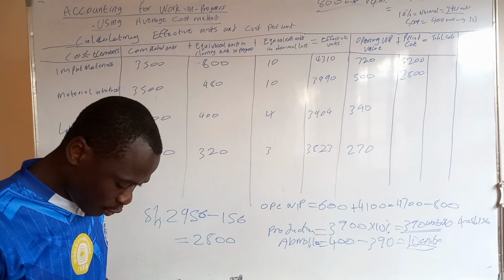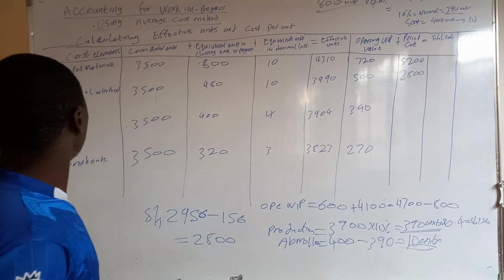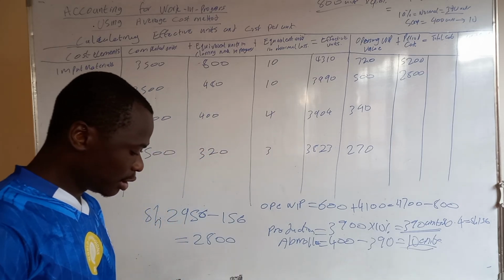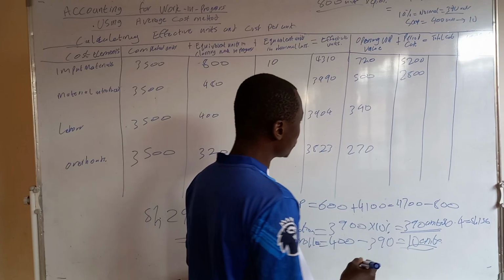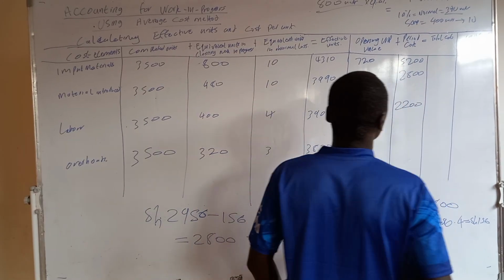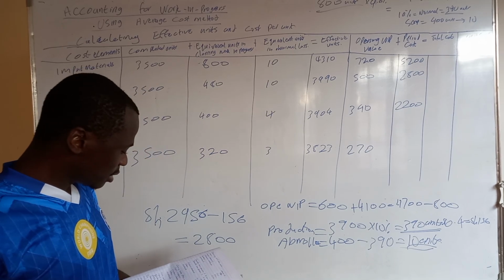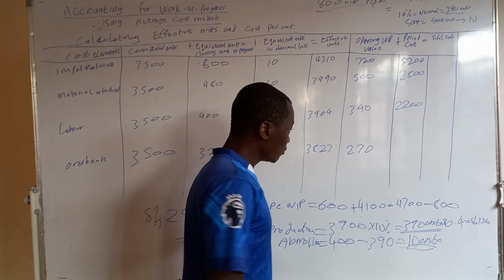Now we continue. We go to labor. Labor used during the period was 2,200, and the overheads used were 1,900.